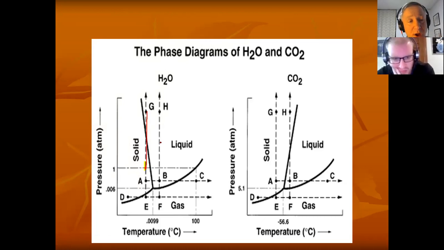So this is a real practical example of how you can use pressure to change phase. So we think of temperature as changing phase, or you boil water, but you can do it with pressure as well. And this is an example with water. Now we won't go over this in any detail, but some materials don't behave that way, like carbon dioxide. But this is showing you a different type of phase diagram and how that pressure change from the ice skate pushes you up this red line, so you go from a solid to a liquid, from ice to water.